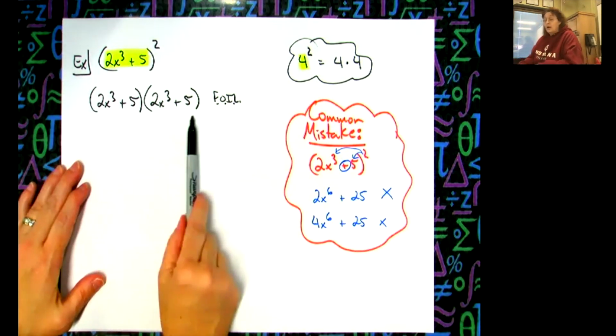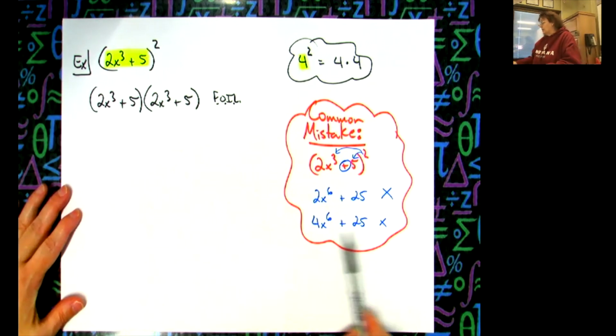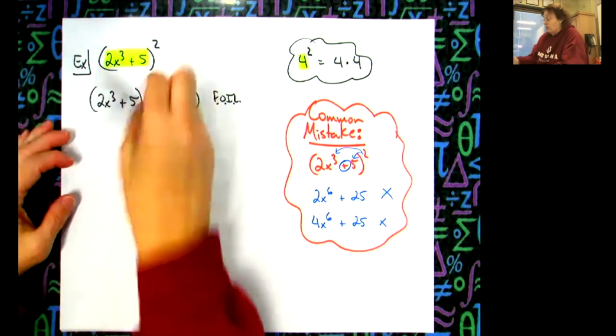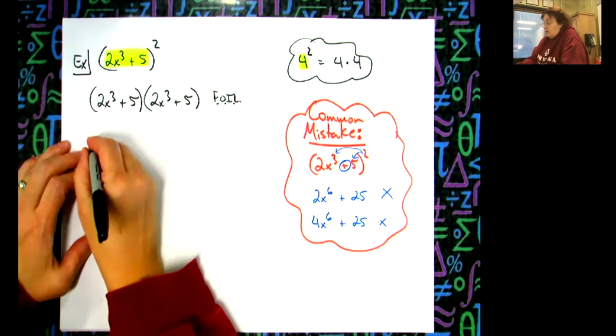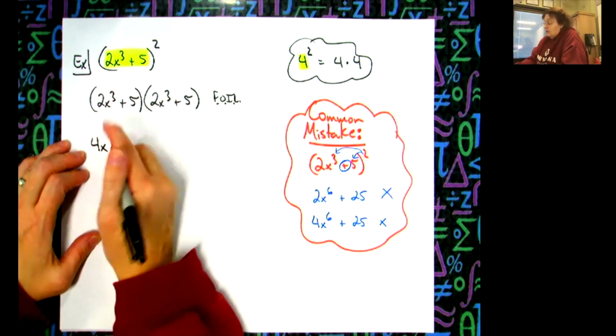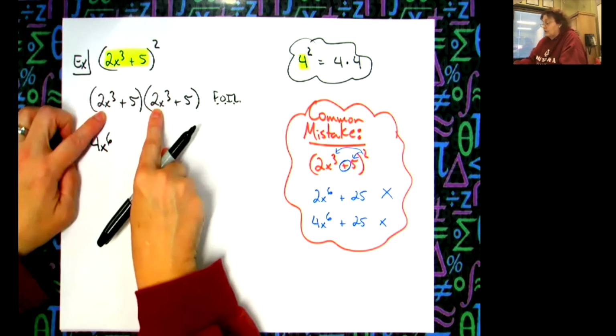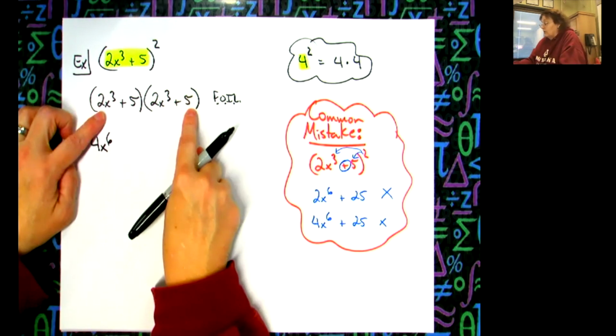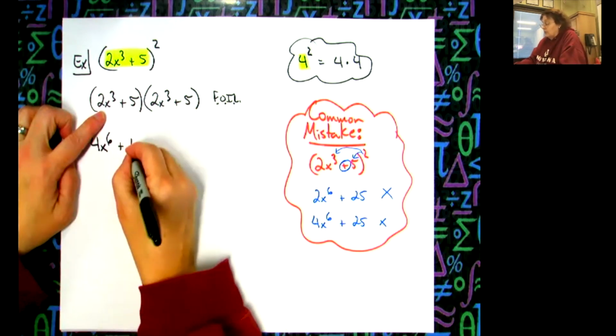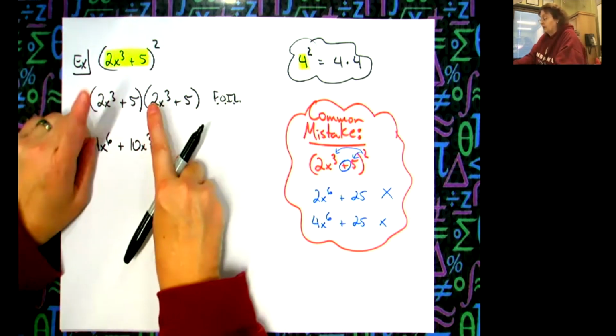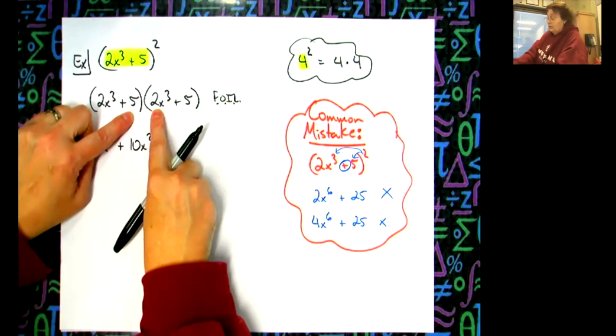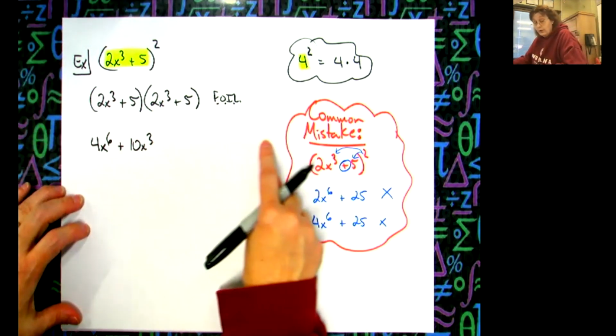Now, you're going to see as I FOIL this out, I don't just get 2 terms. If I FOIL this out, that's going to give me a 4x to the 6th. That was my first term. Outside terms, plus 10x to the 3rd, plus another 10x to the 3rd. If I wanted to do horizontal method, I could keep going.